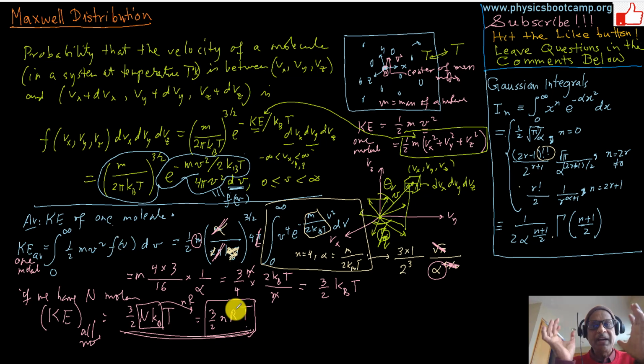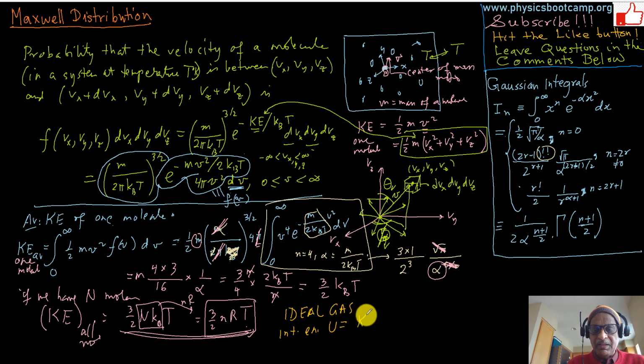Now if you just have an ideal gas, then there is no other kind of energy. There's no potential energy, nothing like that. So in an ideal gas, the entire internal energy U will be just the total kinetic energy.